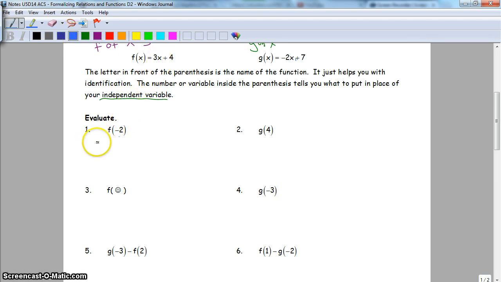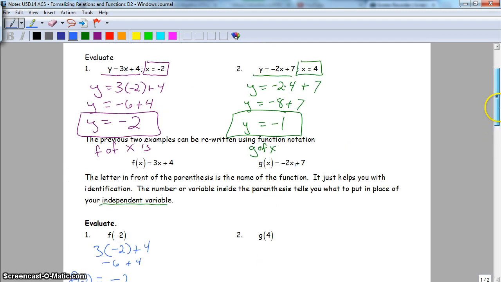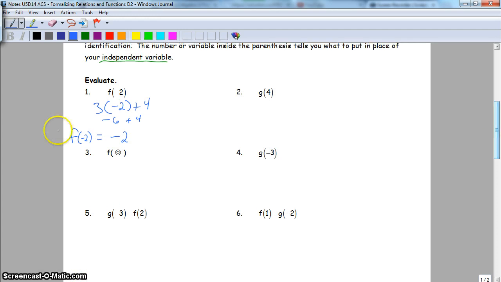So just like before, we're going to do 3 times negative 2 plus 4, which is negative 6 plus 4, which is negative 2. But what we're saying here is that f of negative 2 is negative 2. Now that might be a little bit confusing, but this says that x is negative 2 and y is negative 2.